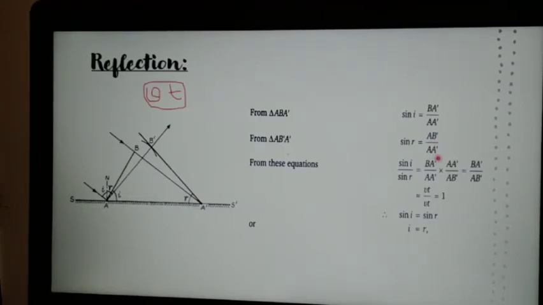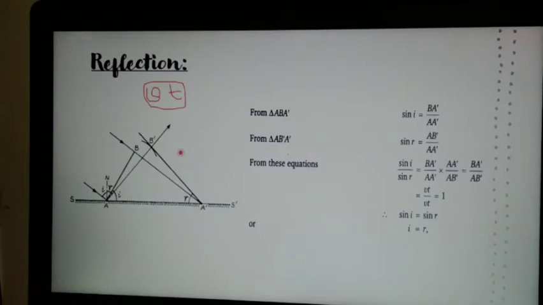Can you see that? Both. Then sin I by sin R is equal to B A dash divided by A A dash multiplied by A A dash by A B dash. A A dash and A A dash get cancelled. B A dash divided by A B dash is remaining. That is Vt by Vt, which is equal to 1. That is sin I equal to sin R. If sin I is equal to sin R, you can say that I equal to R, which follows the law of reflection. So this proves the law of reflection.